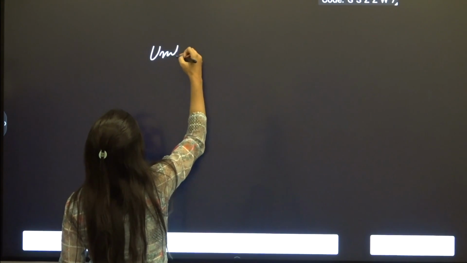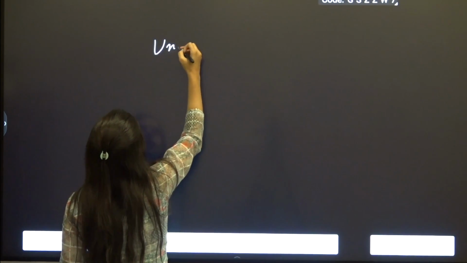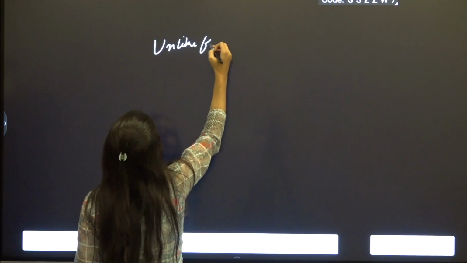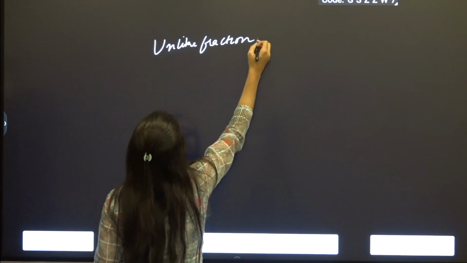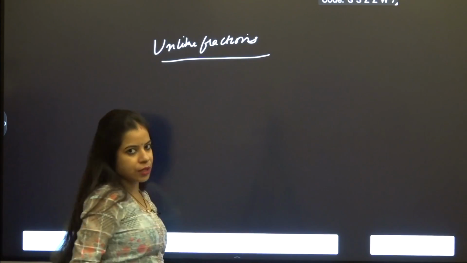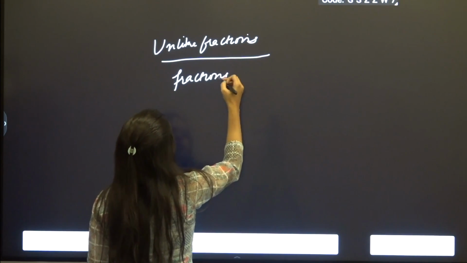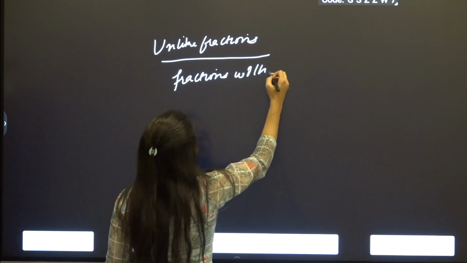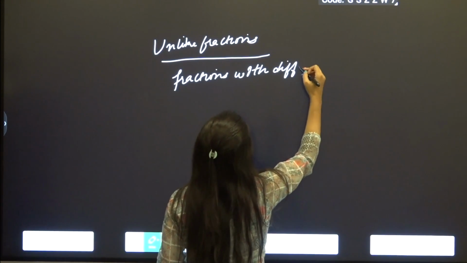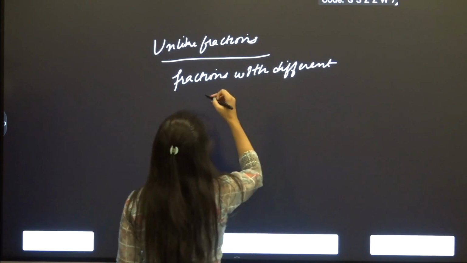When we talk about unlike fractions, these are fractions with different denominators.